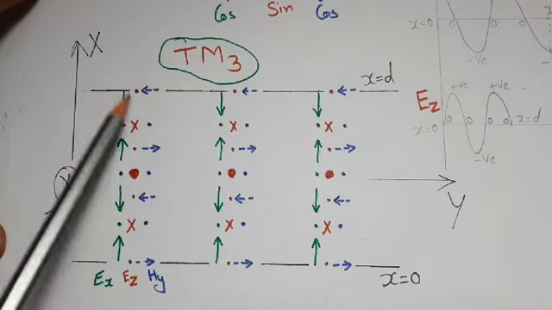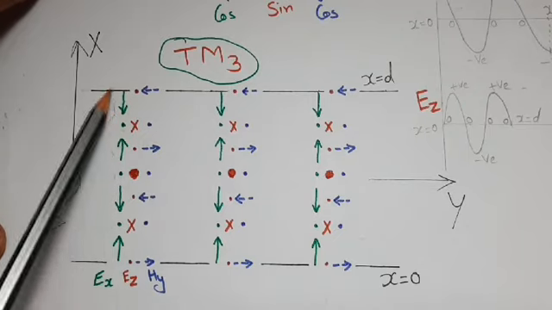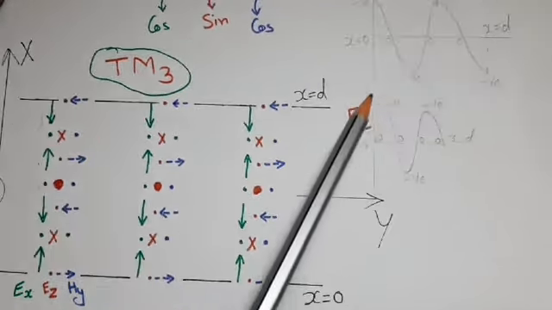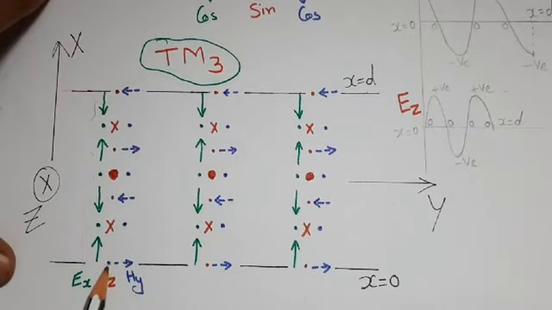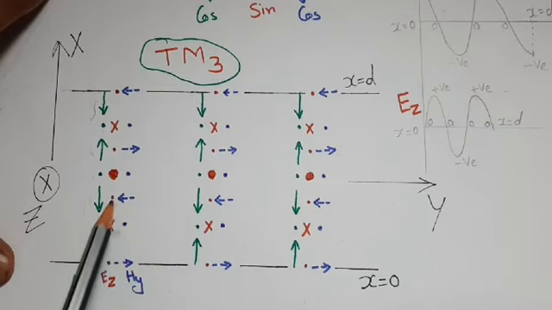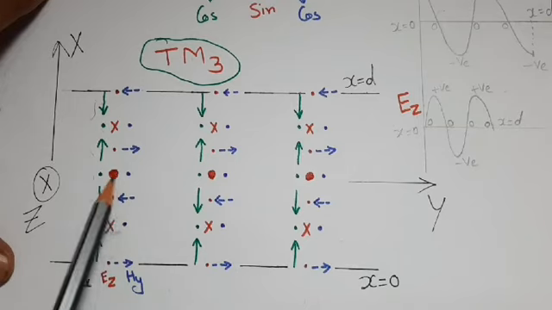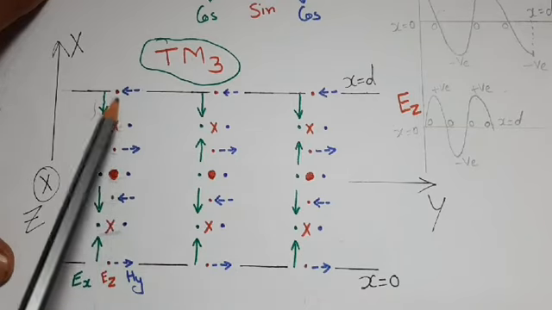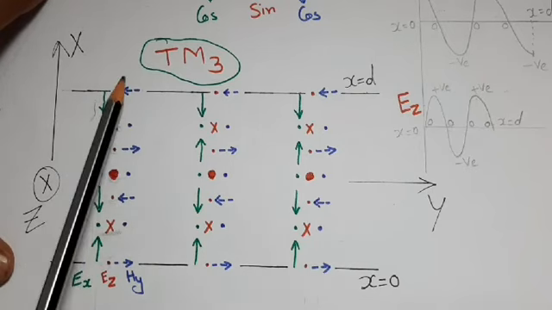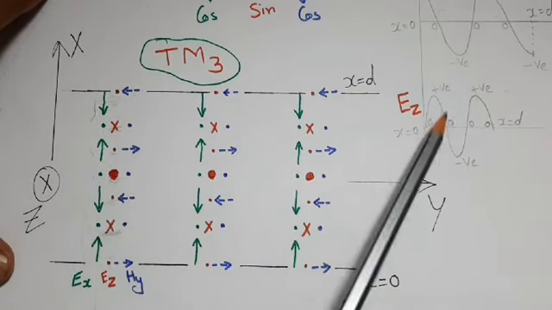So this has completed 1.5 cycle. Similarly Ez, which has sine variation, so 0 on the boundary, that is x is equal to 0, then positive max, because z is into the paper, so it is shown by a cross, then 0, then negative max, then 0, then positive max, then 0, and in this way it has also completed its 1.5 cycle.